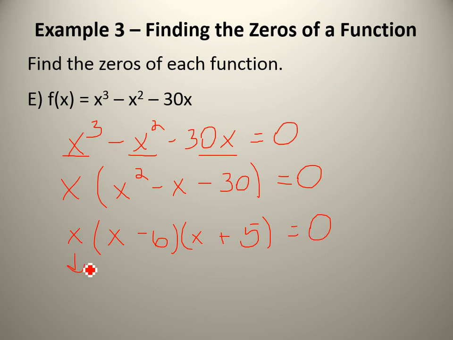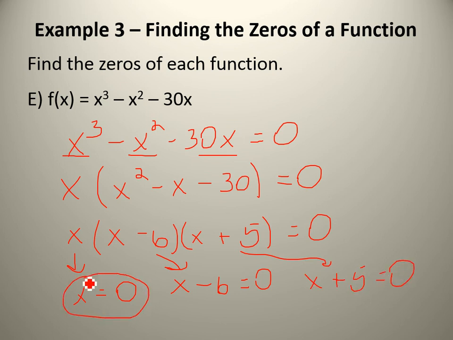So I got x equals 0, right? Then I got x minus 6 equals 0. And then I have x plus 5 equals 0. This one's already solved, so that's nice. This one here, I'm going to add 6 to both sides, I get x equals 6.